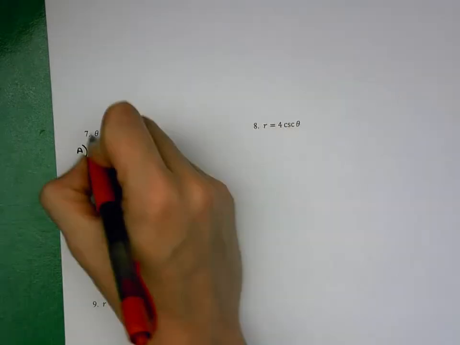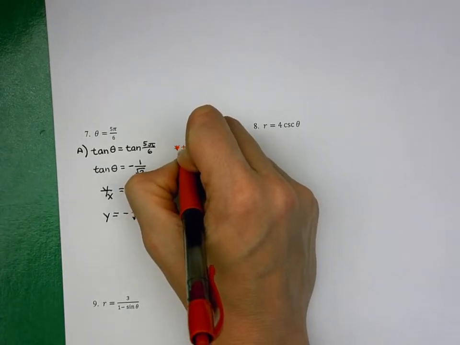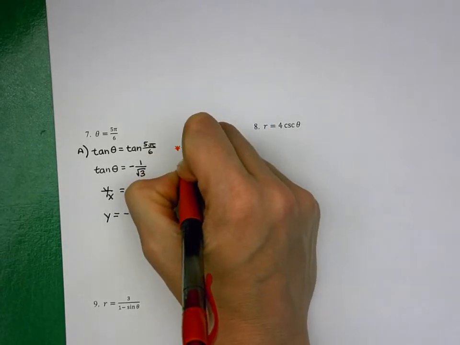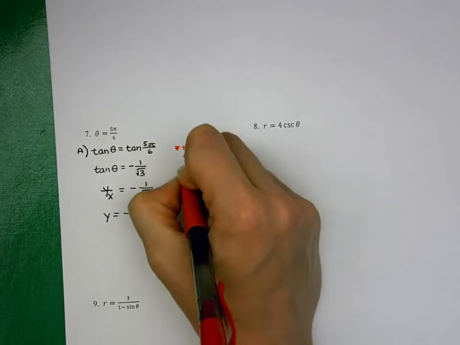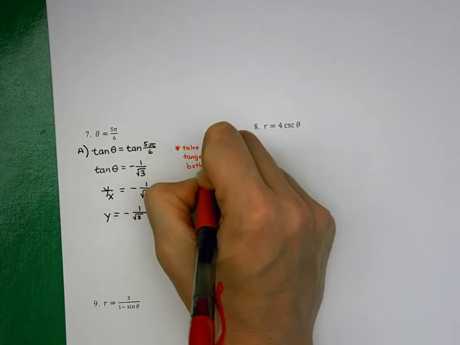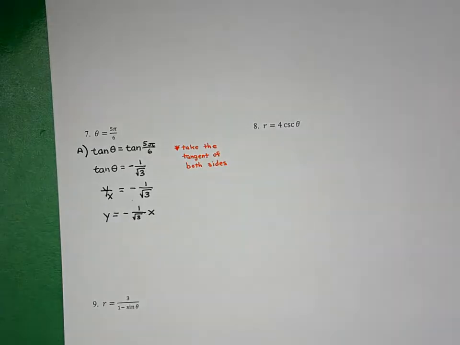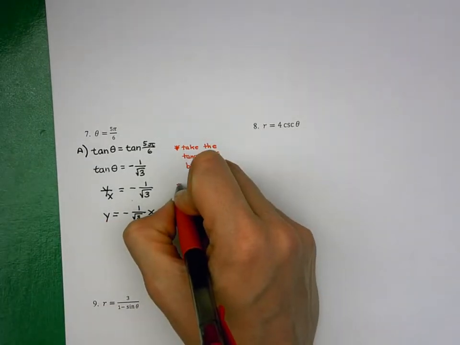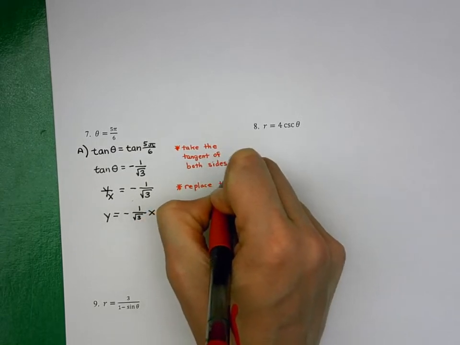So for this one, when we notice we have no r, our first step is going to be to take the tangent of both sides. That's to get it into that tangent theta form that I know I can substitute into. Okay? And then we are going to go ahead and substitute. So I'm going to call it replace the trig, because you're going to hear that step with the other ones.